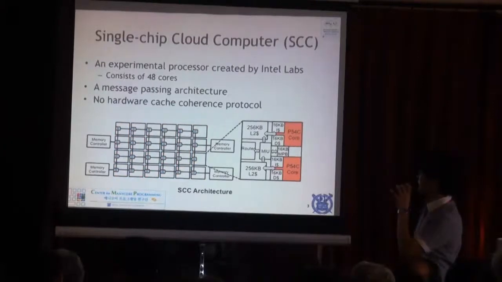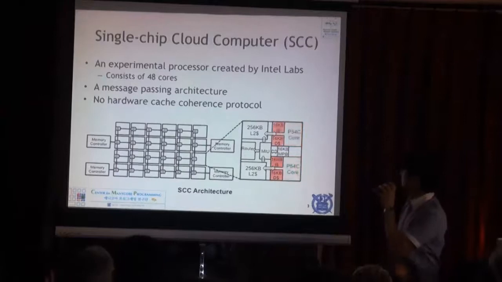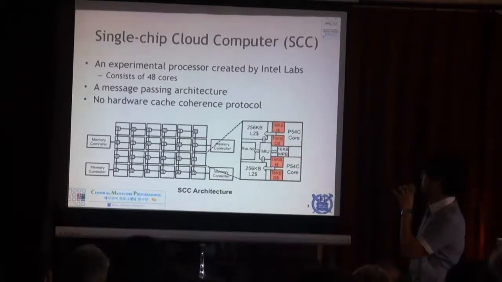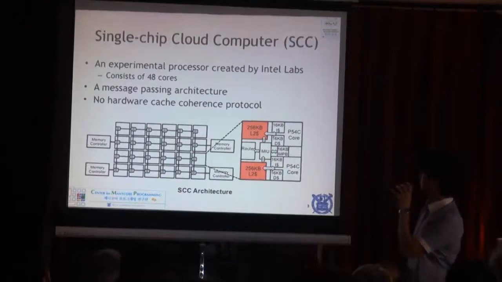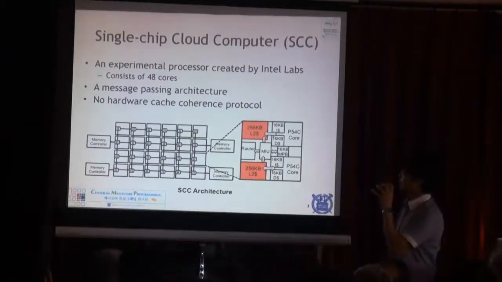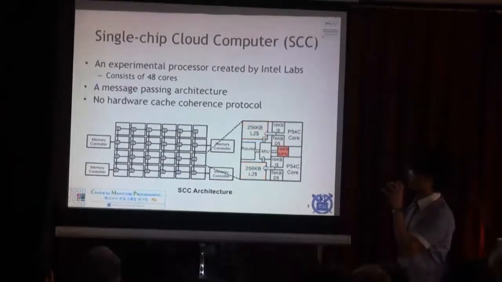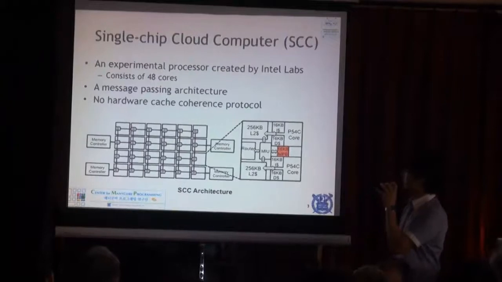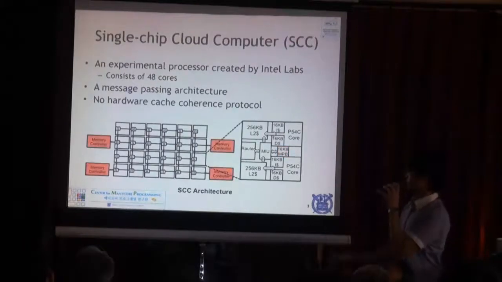Each tile has 2 Pentium P54C cores with 16 kilobyte L1 instruction and data caches. Each core is supported by a 256 kilobyte L2 cache, but there is no cache coherence protocol. In addition, there is a 16 kilobyte message passing buffer for communication between cores, and 4 DDR3 memory controllers are attached like this.